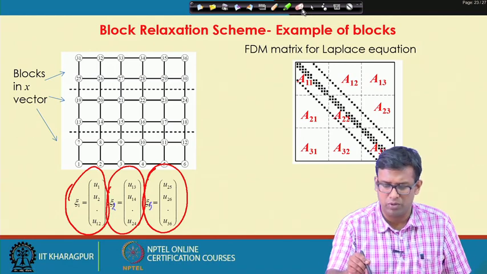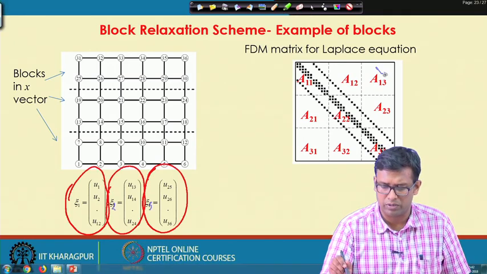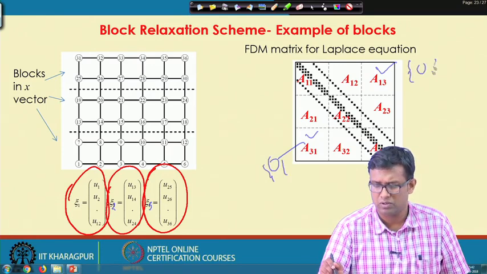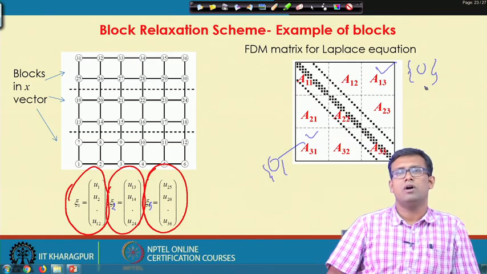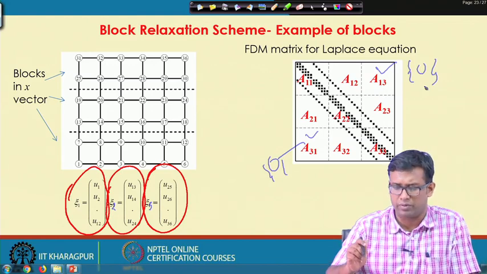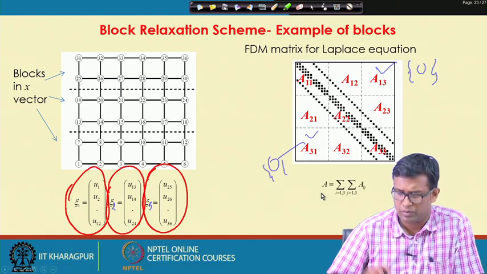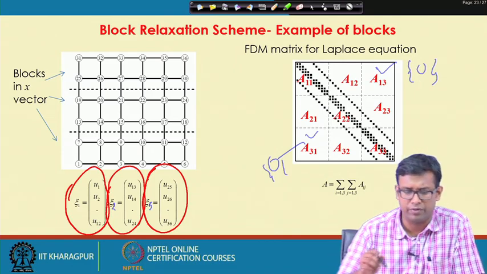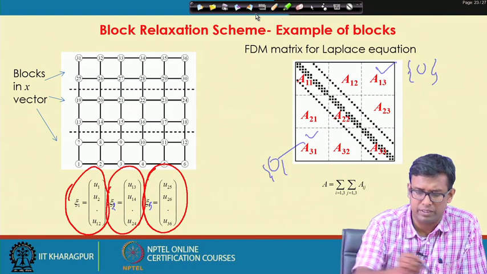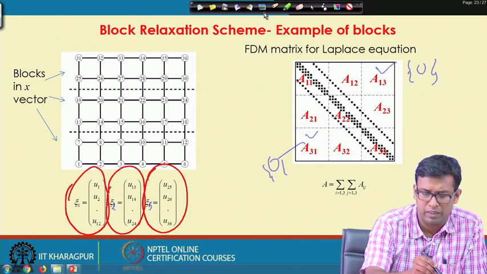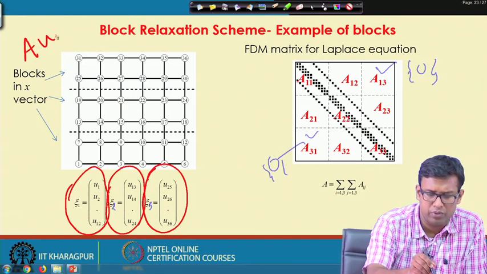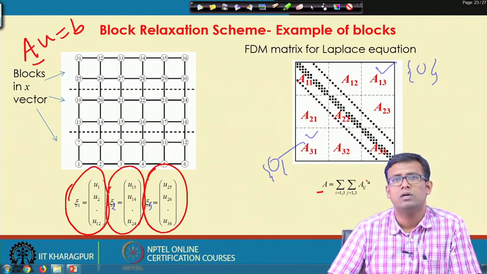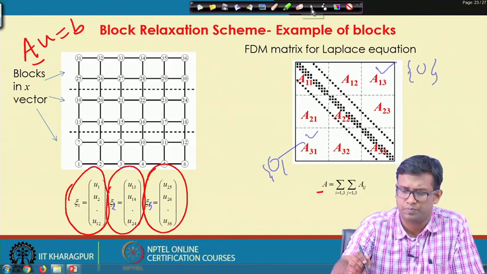It is important to note that these 2 off diagonal blocks are basically 0 matrices, so we can eliminate some of the off diagonal blocks from the calculations. And the actual matrix A, because we are solving the matrix equation A u is equal to b, is the sum of all the small matrix blocks.